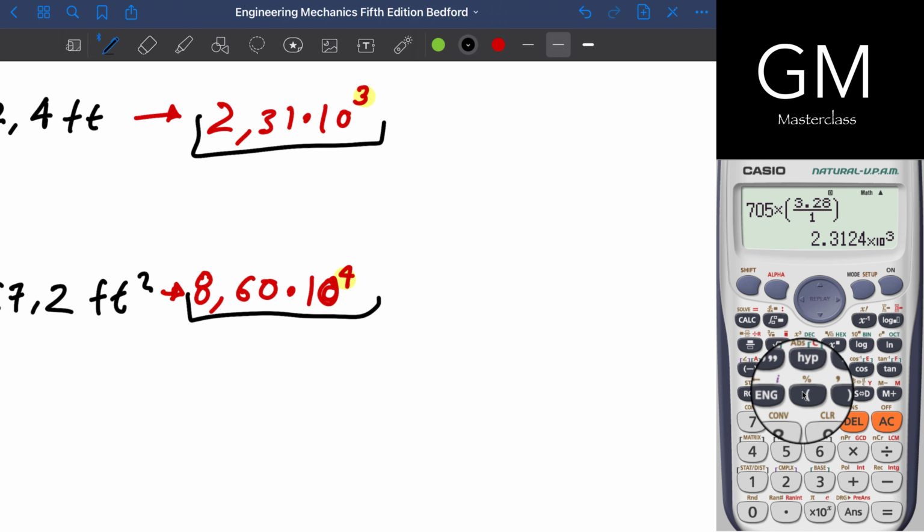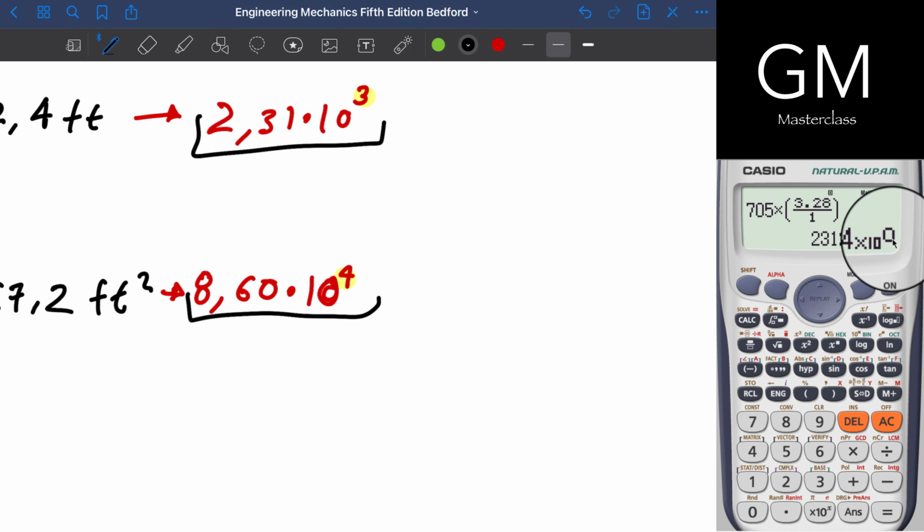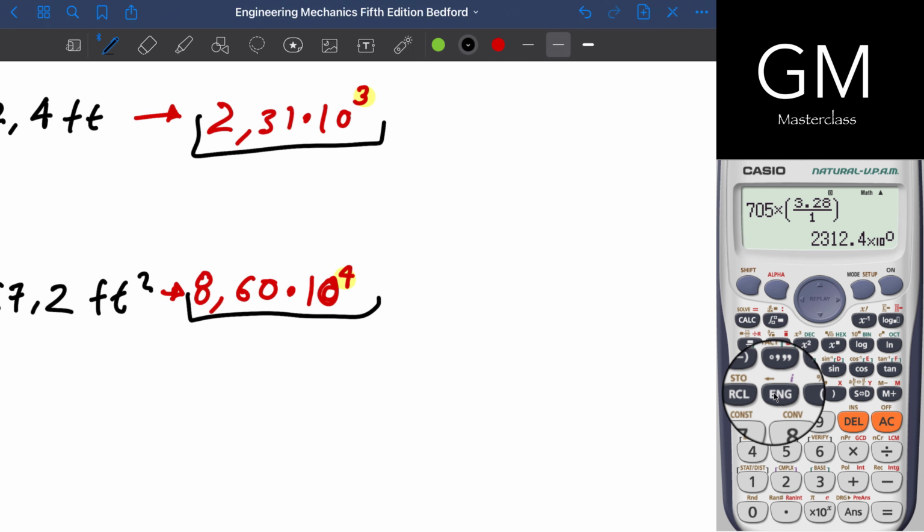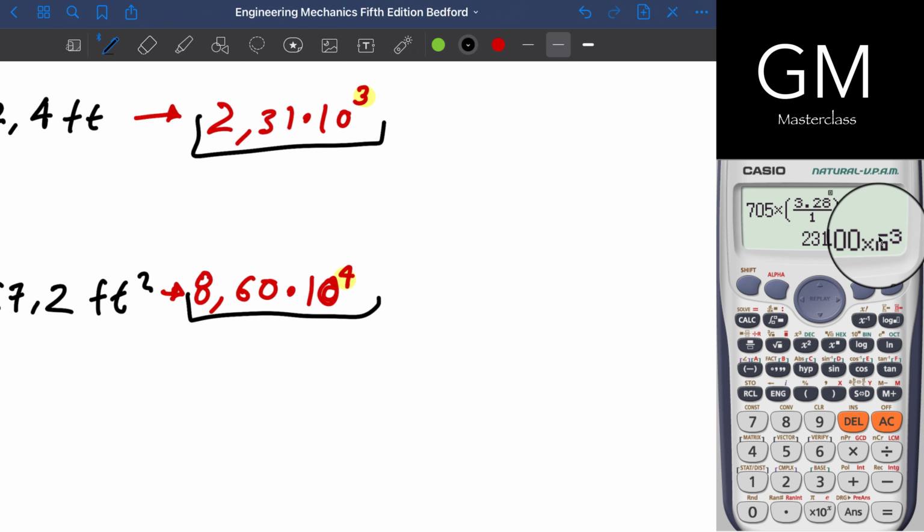So if I press it again, it is going to tell me the 0 power, which is equal to 1. And if I press it again, then it is going to tell me the result in the 3rd power, but in the negative result.